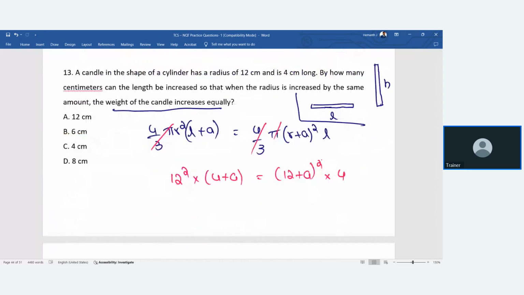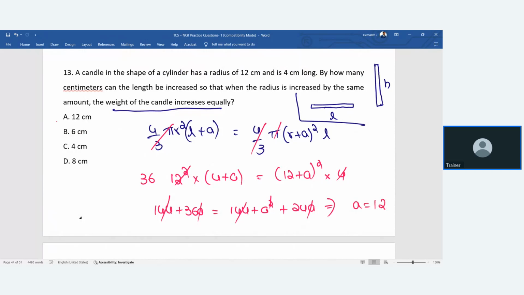So 144, this is 12 into 3, 36 we will get. So 144 plus 36A. Here it is 144 plus A square plus 24A. Okay. So 144, 144 out. If we pick A common everywhere, so A is nothing but equal to 12.